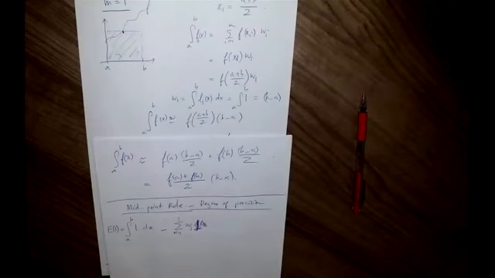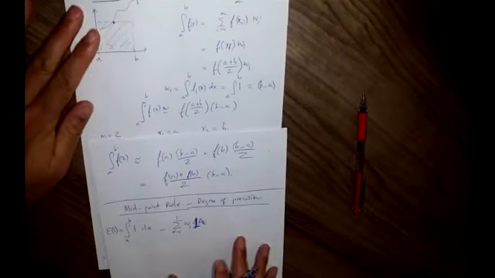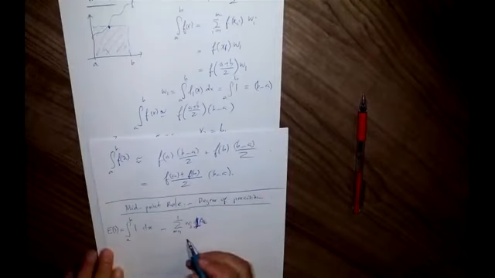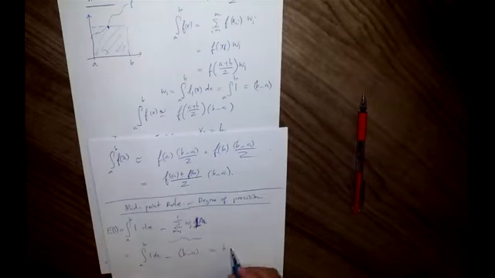And what is the weight? The weight in our case is just b minus a. So what is b minus a multiplied by 1? You can see that the first integral is just b minus a, and the second one is also b minus a, so that gives you 0.